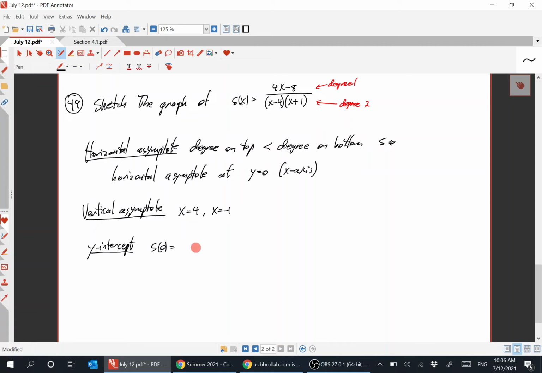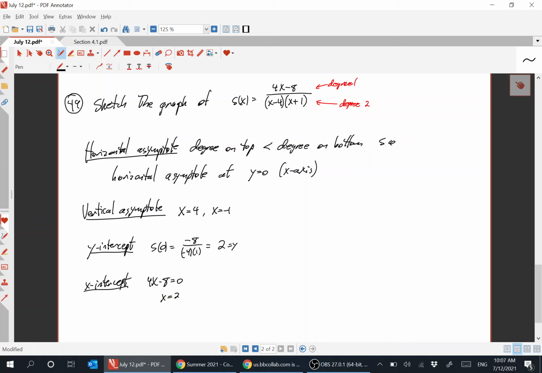So that's negative 8 over negative 4 times 1, which is going to be 2. This y-intercept is at y equal to 2. X-intercepts are where the numerator is 0 and the denominator is not. Well, the numerator is 0 at x equal to 2. So that's the x-intercept.